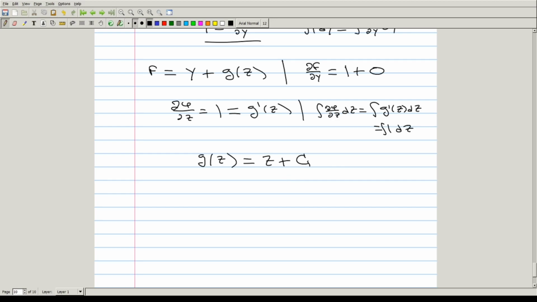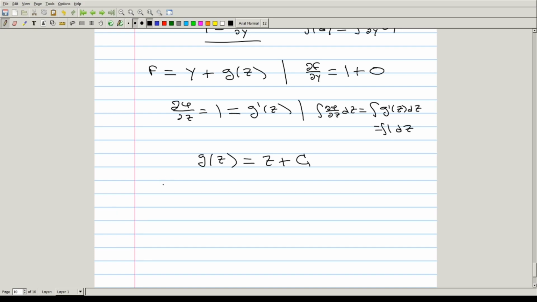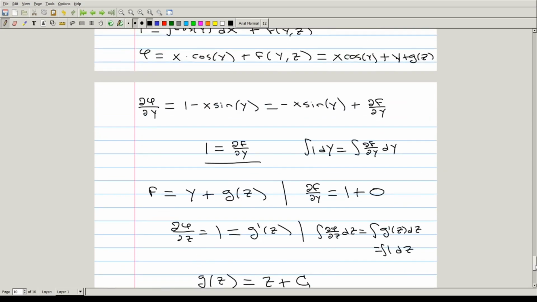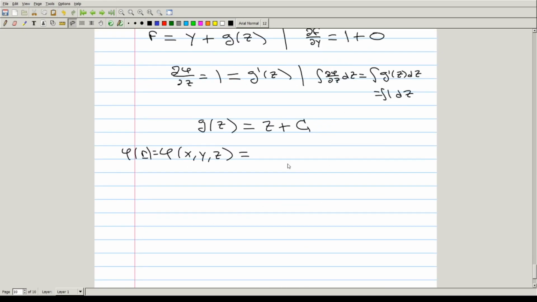So we have g of z, and therefore our potential function, which is a function of x, y, and z, or just a function of position r, is going to be exactly equal to x times cosine of y plus y plus g of z, which is z plus a constant.